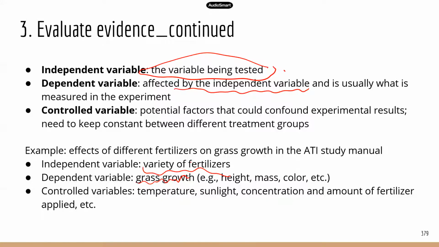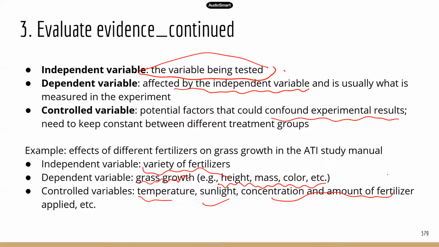But of course, you can measure multiple things, right, as indicators of grass growth. So controlled variables are potential factors that could confound experimental results. And that's why you have to keep them constant between different groups. In this case, we have factors such as temperature, sunlight, concentration, and amount of fertilizers that can all confound the experimental results.